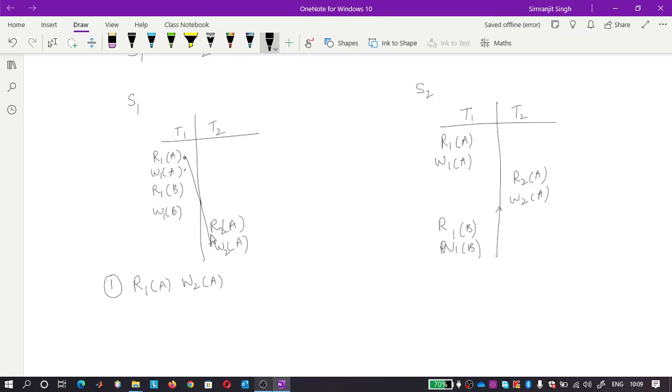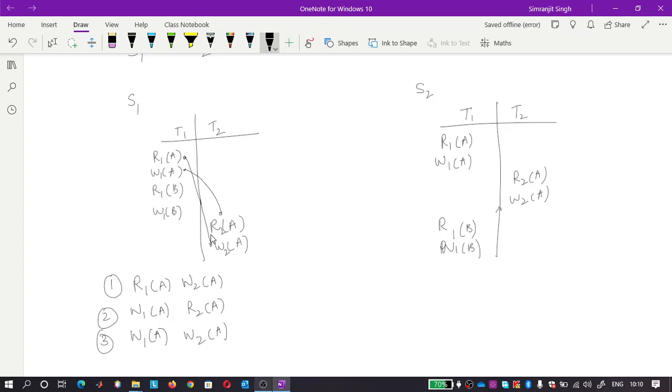So it's again a conflict on the same data item: write of A and then read of A. Another one is a write-write conflict: write 1 of A followed by write 2 of A. Now read 1 of B and read 2 of A is not a conflict, because they are acting on different data items. So these are the three conflicts that you will find in the schedule.